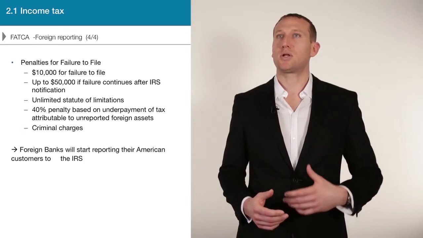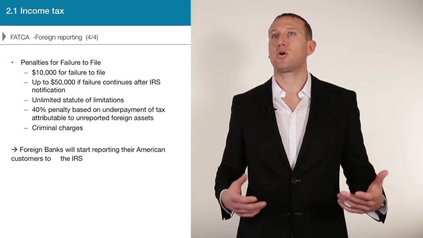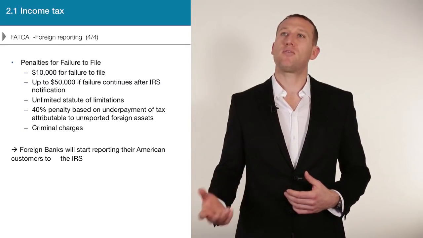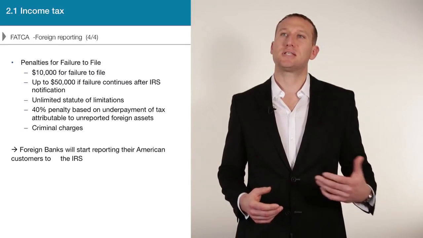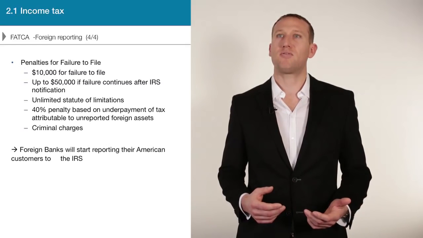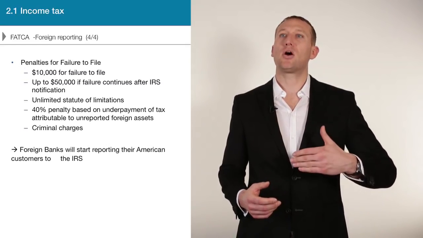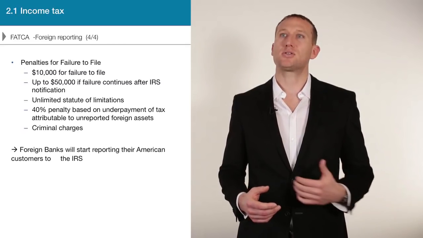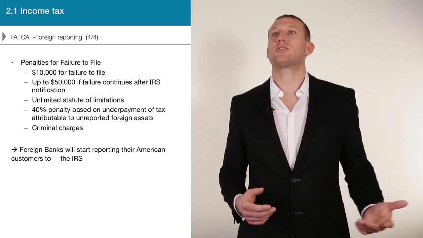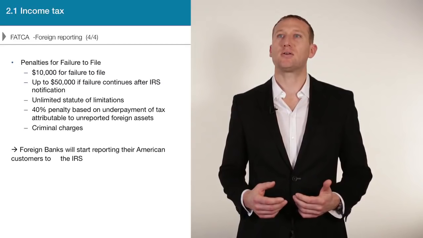Now, failing to comply with FATCA can be expensive and painstaking. So again, like the failure to report the other forms that we discussed, the ones that report foreign corporations and partnerships and so forth, the failure to file your FATCA forms could result in a $10,000 penalty for failure to file. That penalty can go up to $50,000 if the failure continues after the IRS has notified you.